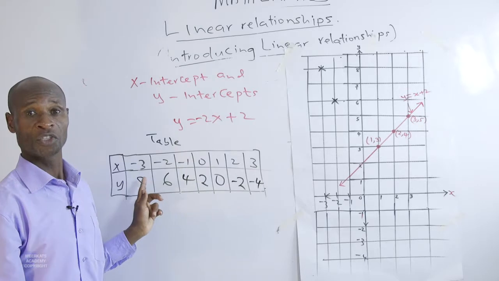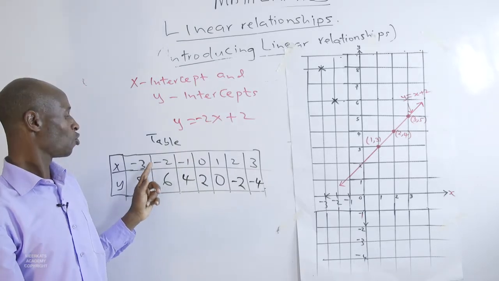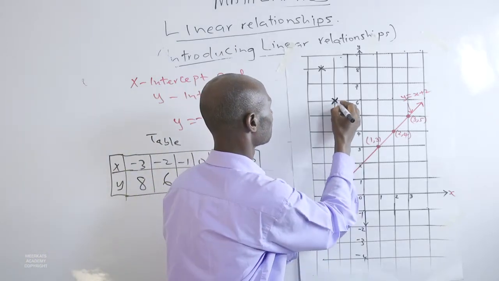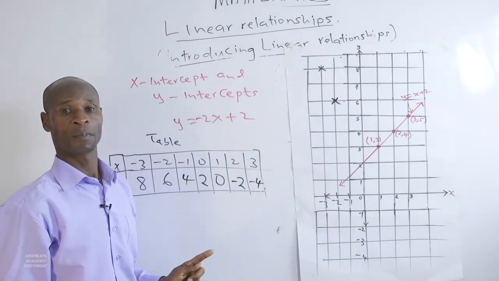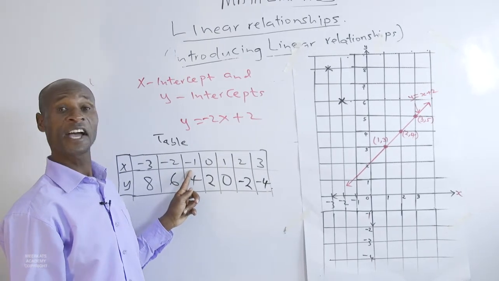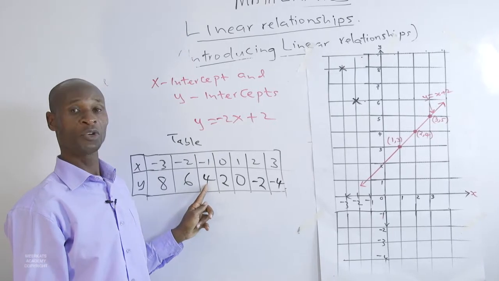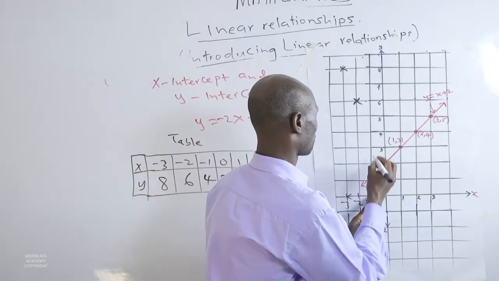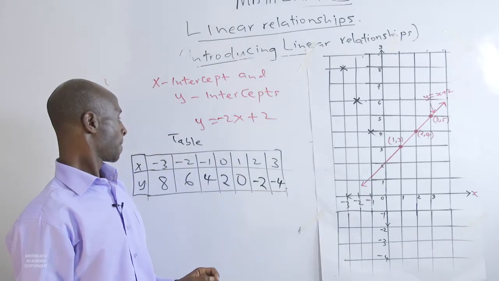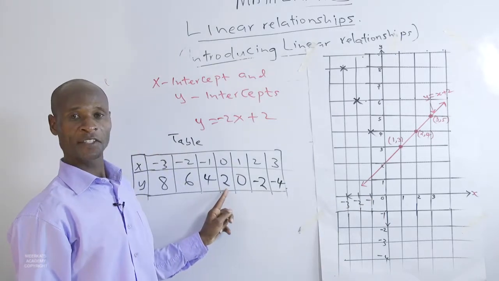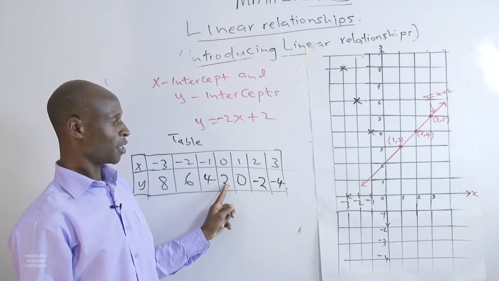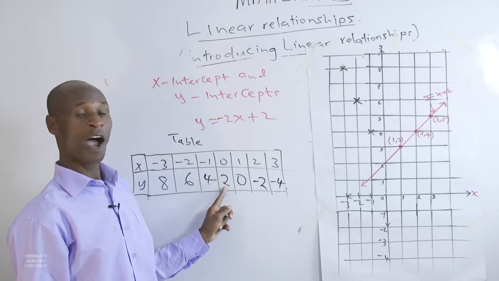The second point, the x value is negative 2, while the y value is 6. In the third point, the x value is negative 1 and the y value is 4. In the next coordinate, the x value is 0 and the y value is 2.